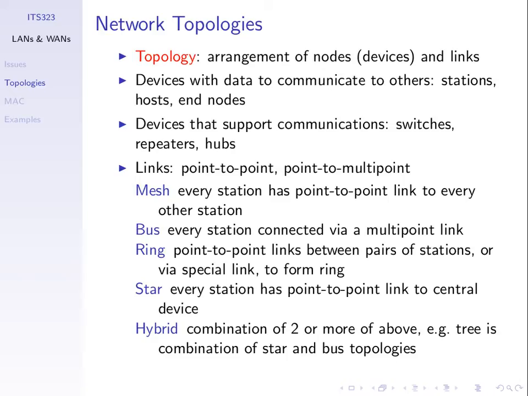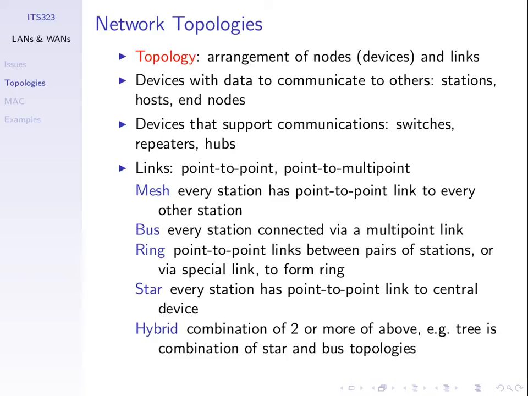So the devices that we use we'll refer to as stations, for example. But inside some networks there are other devices. Devices that the human doesn't use but which are used to support the data delivery. We've already mentioned in switched networks we have switches. And there may be other devices like repeaters and hubs, some common names.